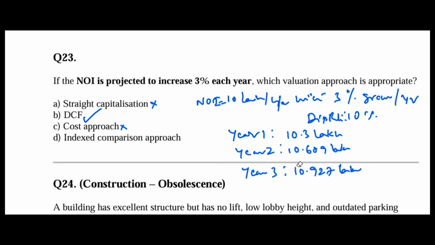So accordingly we got all the NOIs every year. Now individually we have to discount each year's NOI to the present values by forming a table. Okay, so we'll deal in a separate session regarding DCF with a clear-cut example.